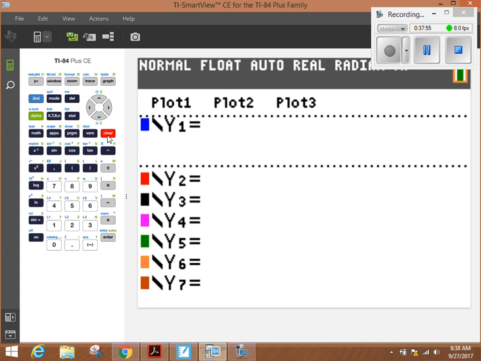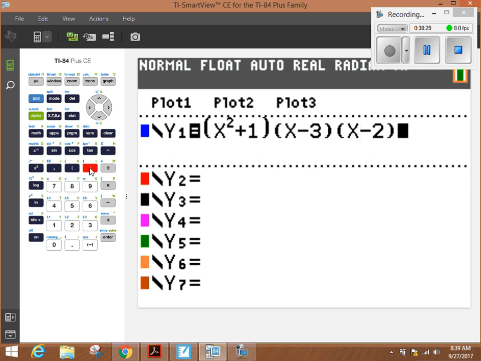And I have inside of my parentheses x squared plus 1 times x minus 3 and x minus 2. All right, let's graph it.